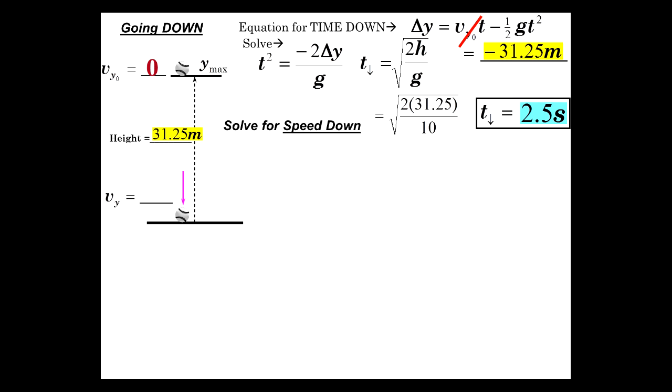Now, I was trying to trick you by saying that gravity is hindering going up, helping going down. But the difference is, going up, yes, it's hindering, but we're starting with 25 meters per second. Going down, we're starting with 0, and gravity is helping to speed it up. Here we're starting with 25, and gravity is hindering to slow it down to 0.